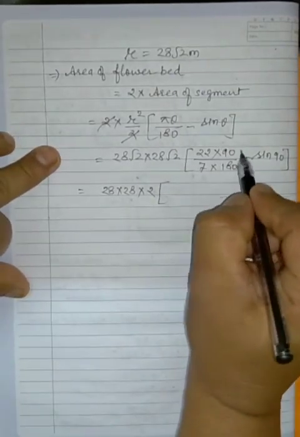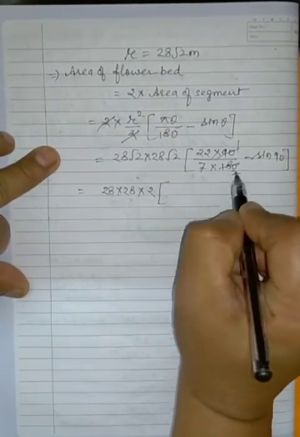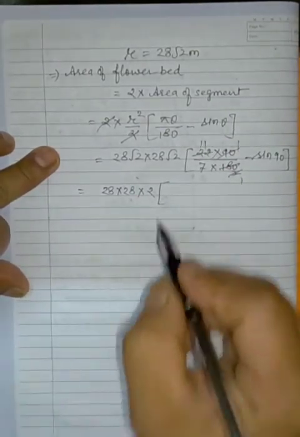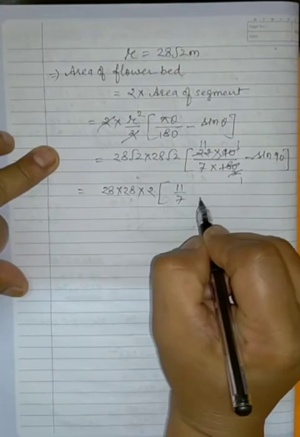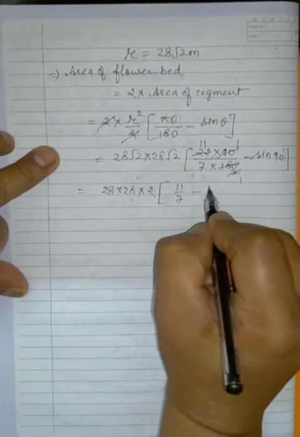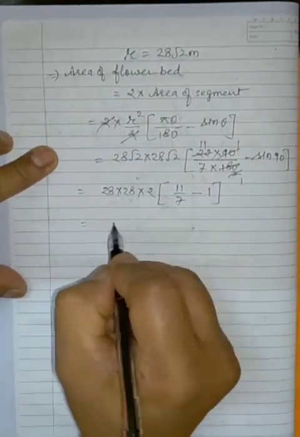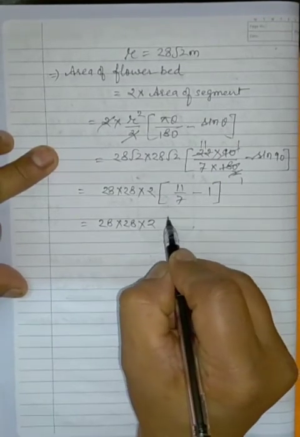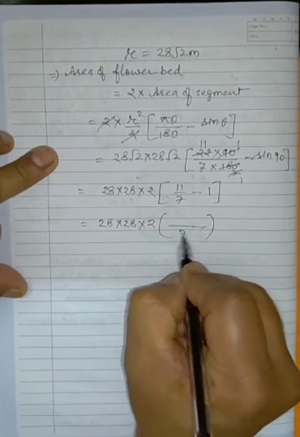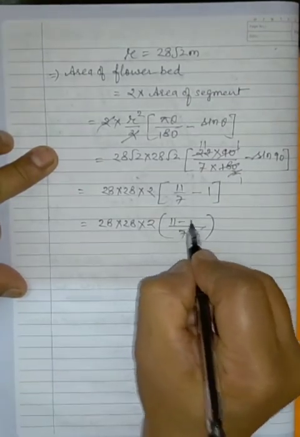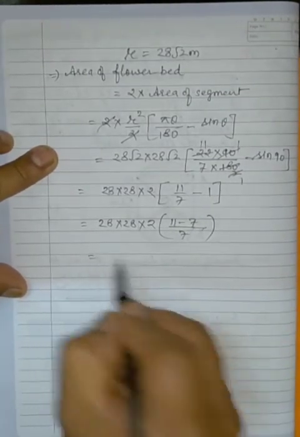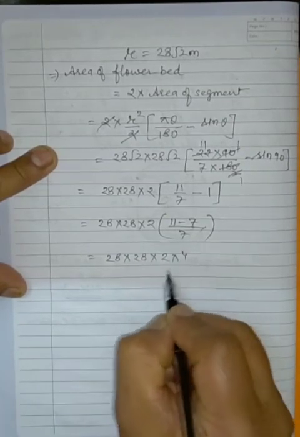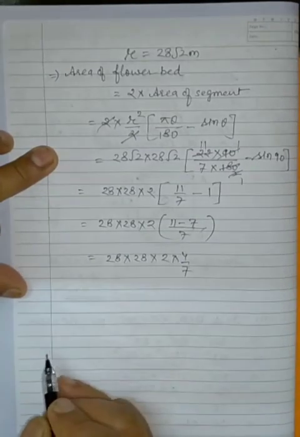Here 90 upon 180 is a half, and cancelling 22 by 2, we get 11 upon 7 minus sin 90, which is equal to 1. So we have 28 into 28 into 2, and if we take the LCM, it will be 7. 11 minus 7, that is equal to 28 into 28 into 2 into 4 upon 7.